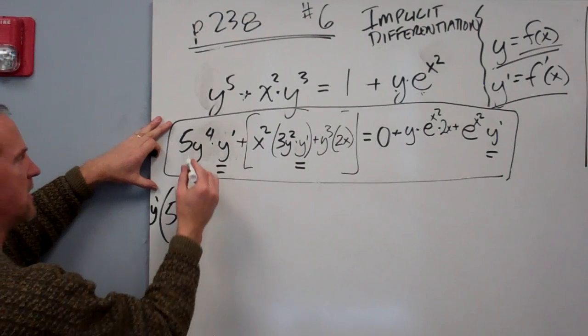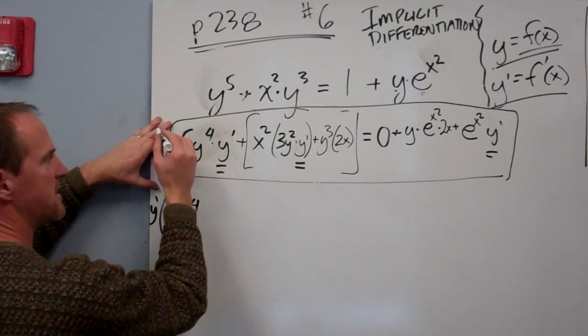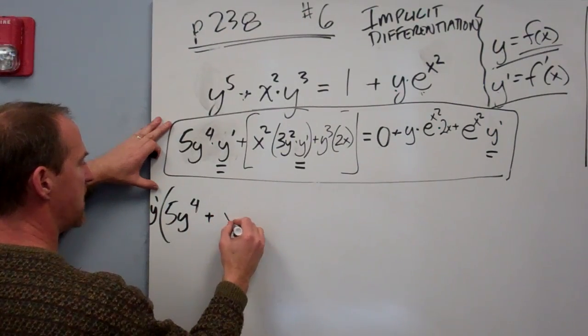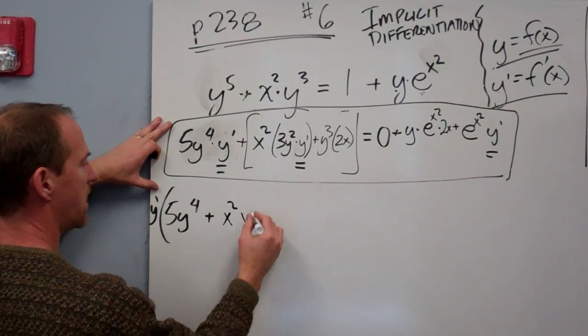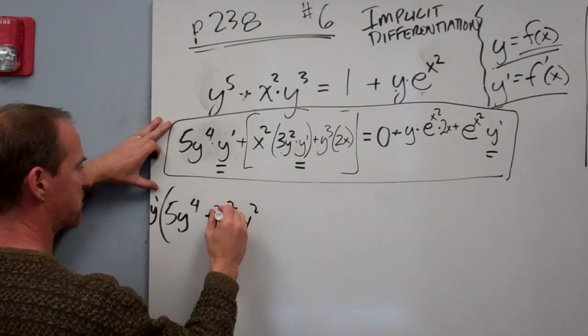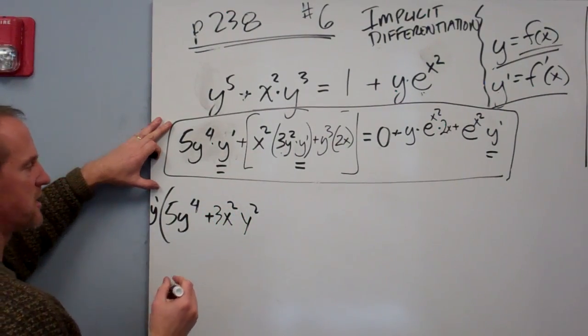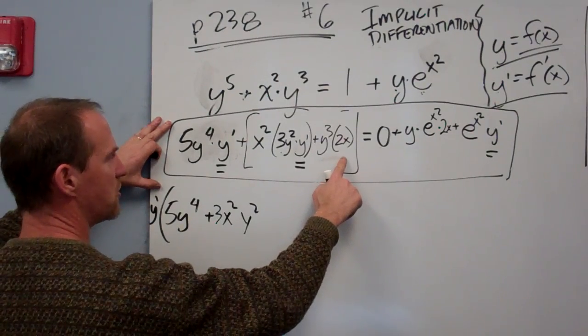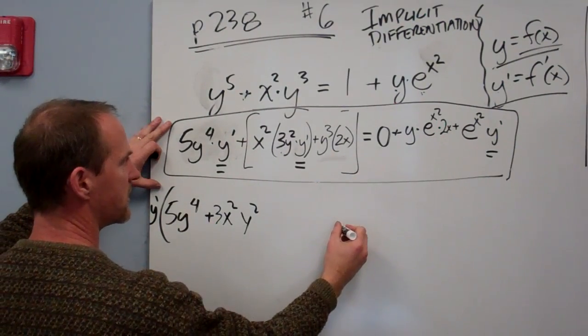There's y prime. So 5y to the fourth, taking that out. Here it is again, so it's plus x squared and y squared, and I'm going to put the 3 out front. Okay, I'm just trying to clean it up. But there's no y prime here, so I'm going to write that outside.